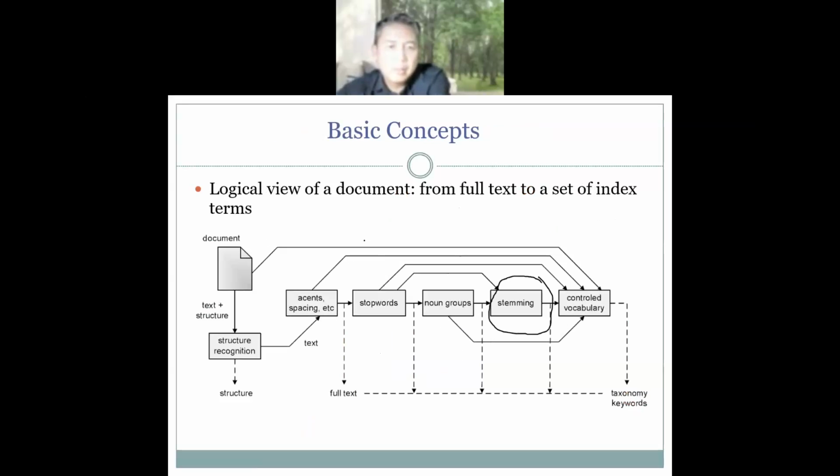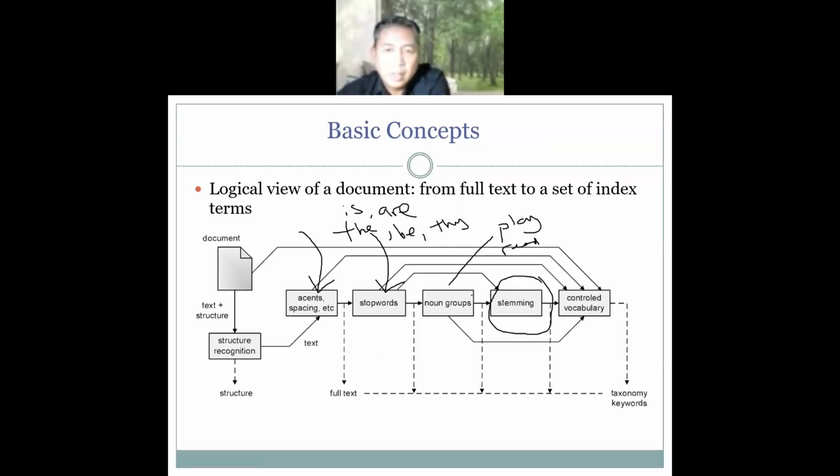So we have the document, and then we remove the spacing, and then we remove the stop words. Remember that when we look at the document, we don't look at words like is or are. They carry no meaning. The, or he, or they. We focus more on the ideas or the nouns. So we want to look at play, and then read, and so on, or things, or a person.